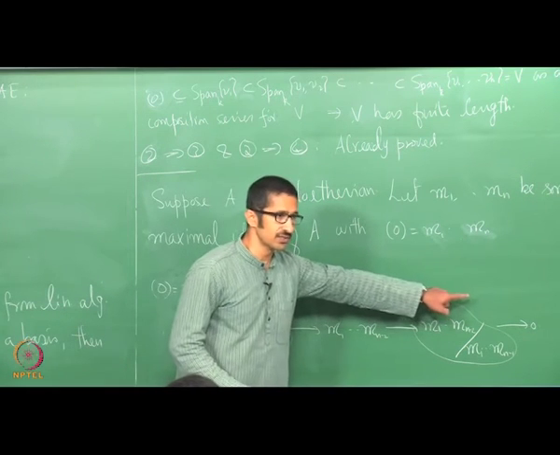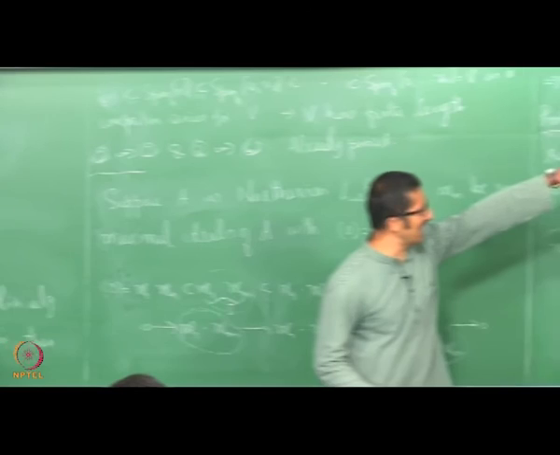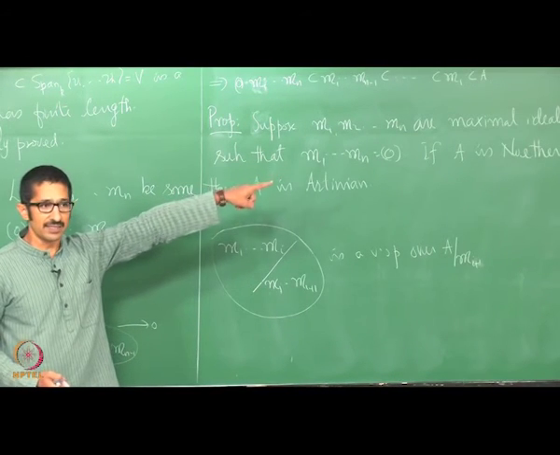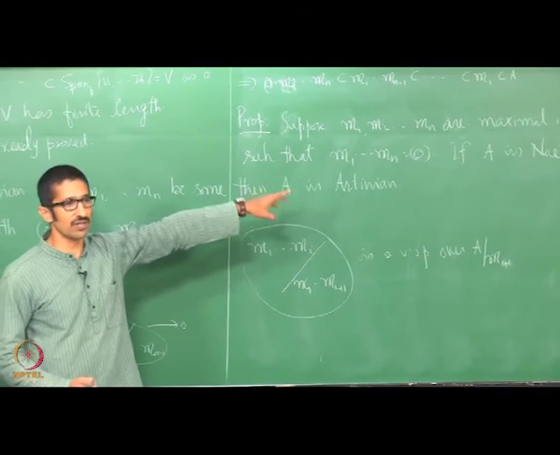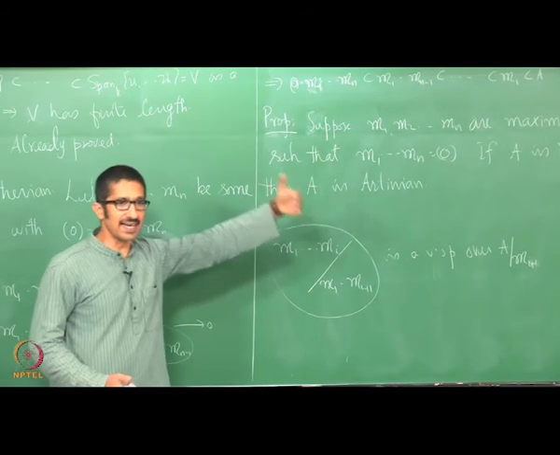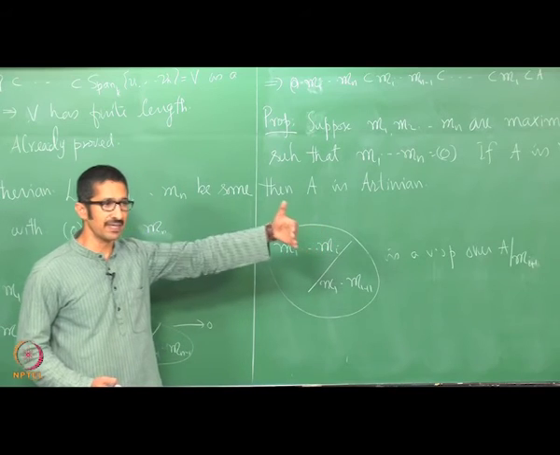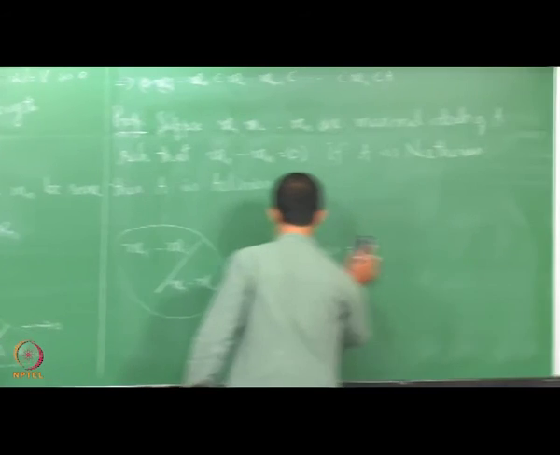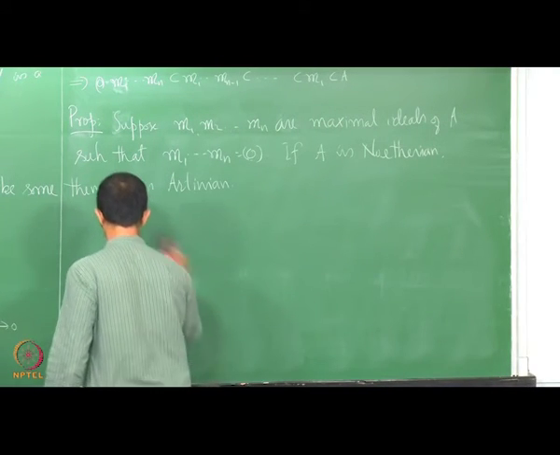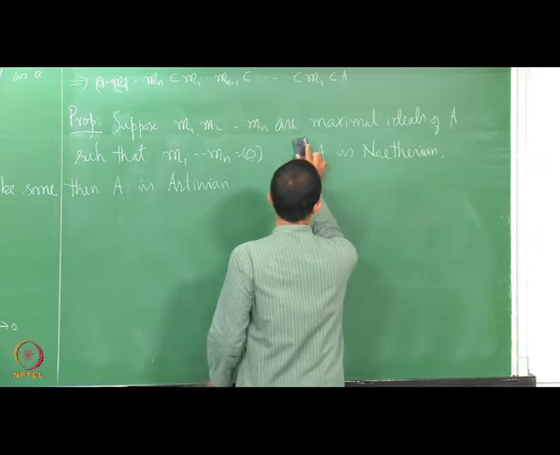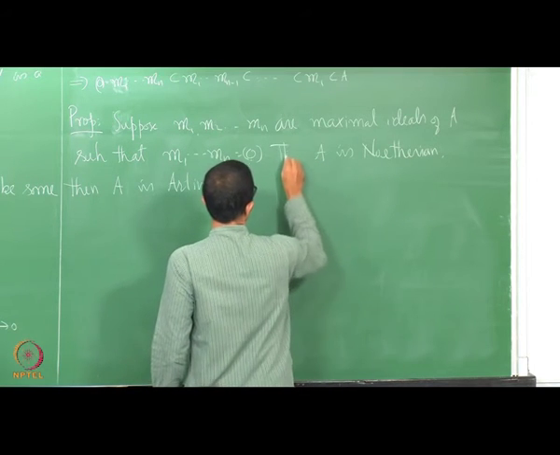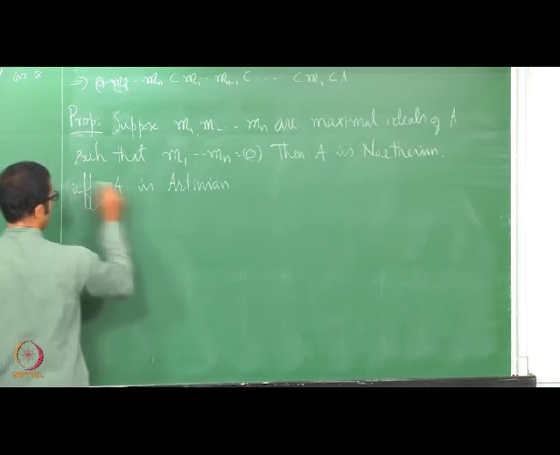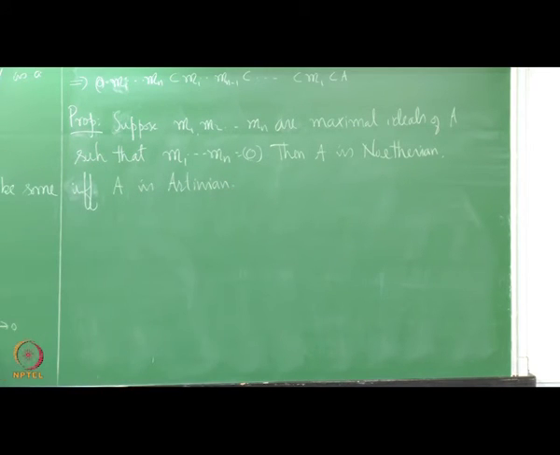Keep going. So, ultimately what we get is A satisfies ascending chain condition if and only if it satisfies descending chain condition, or in other words A is Noetherian if and only if A is Artinian. So, what we have proved is more than this. Let me modify the statement. Then A is Noetherian if and only if A is Artinian. Okay.